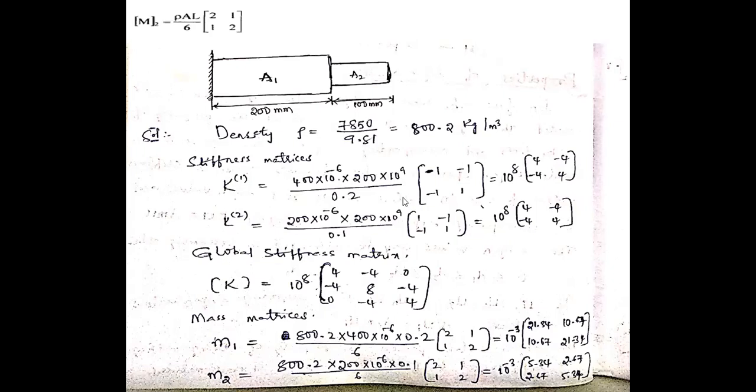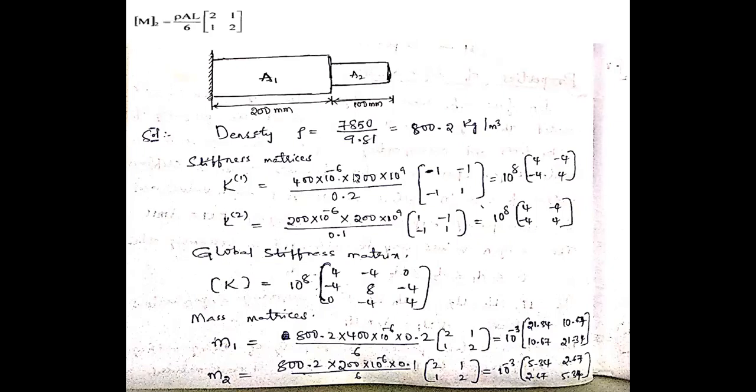This is the formula for any bar element. So for the bar element, the formula is AE by L times [1 -1; -1 1]. Here A for the first element is equal to 400 mm.